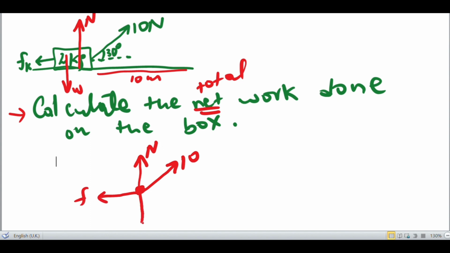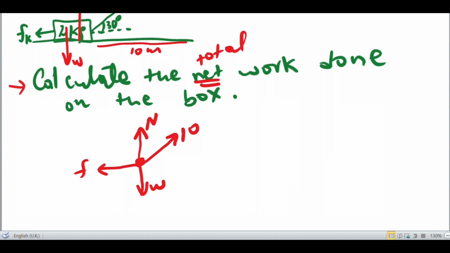So we also have the weight here. The frictional force is the same as that one, 2 newtons.